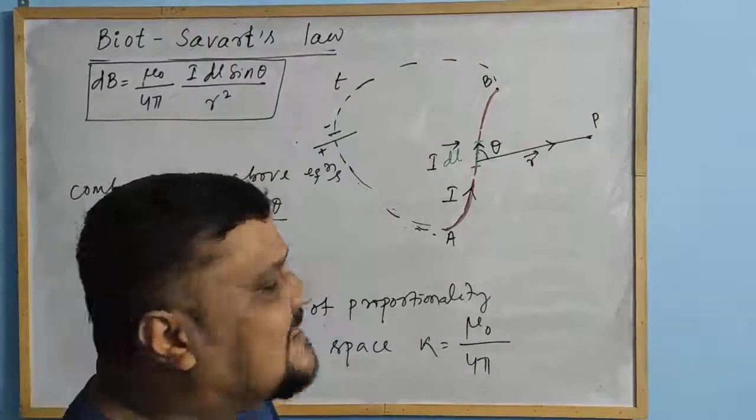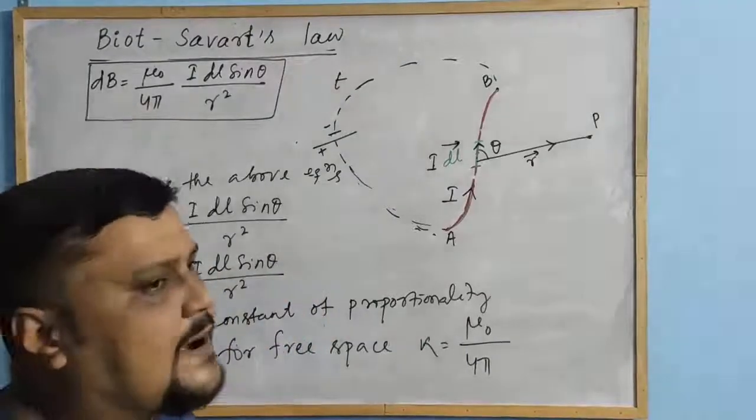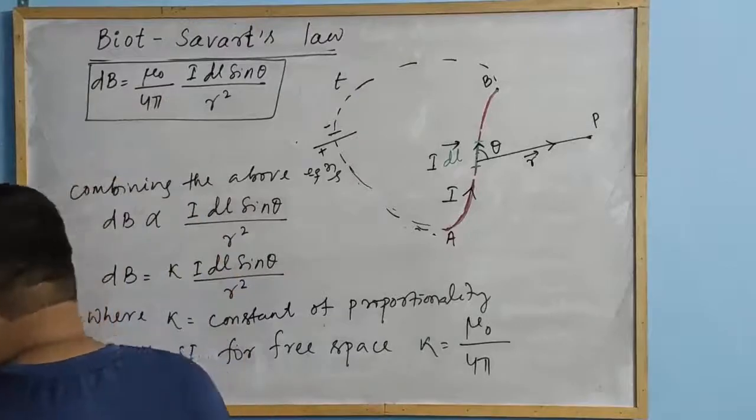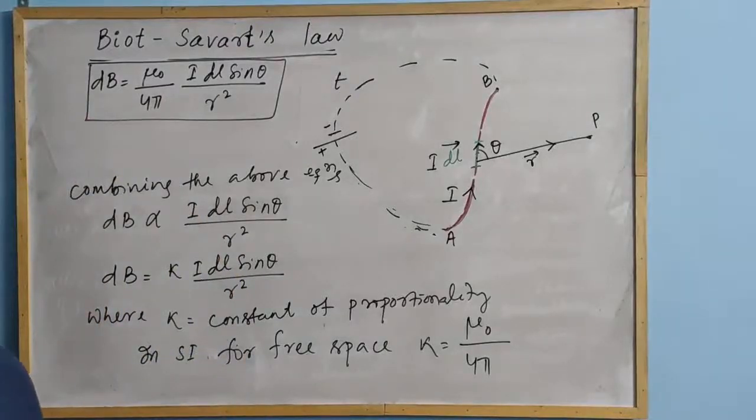As you know, the magnetic field B is a vector quantity, and I have calculated this for a small element. Suppose we go for the whole conductor.